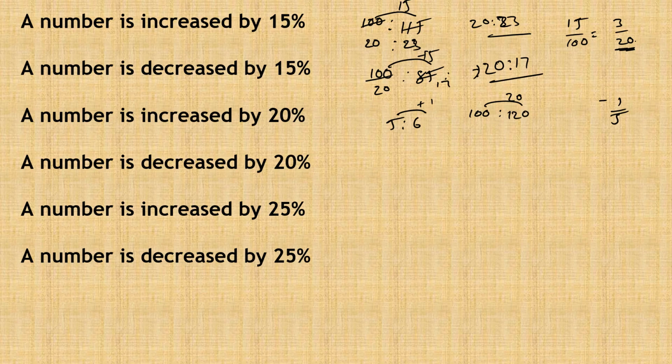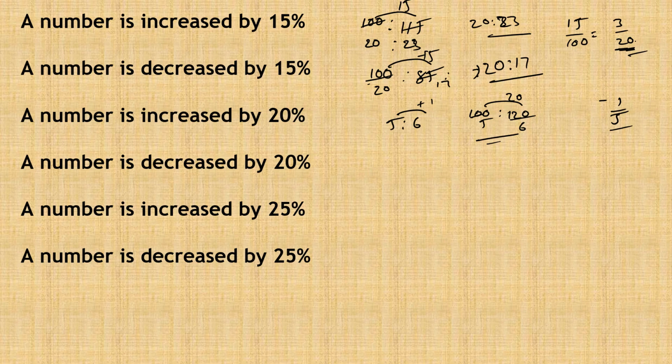Now the number is 120, that is 25s are 100, 26s are 130. You need to remember it in the ratio. We won't be writing this 100 into 85 clearly in the questions while doing the questions. You need to remember the ratio as 1 by 5 and 3 by 20.